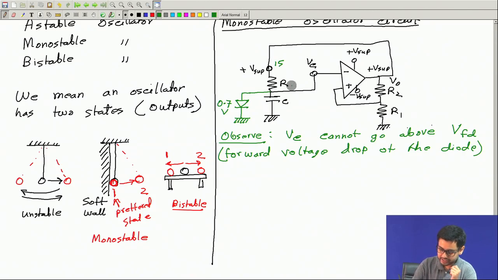So this voltage will increase, and the moment it increases to the level of 0.7 volt, this diode will be on and act like a short circuit. So the entire current will flow through the diode and will not go to the capacitor. The capacitor voltage will not increase any further. The entire current will bypass through the diode, so the capacitor voltage cannot increase.